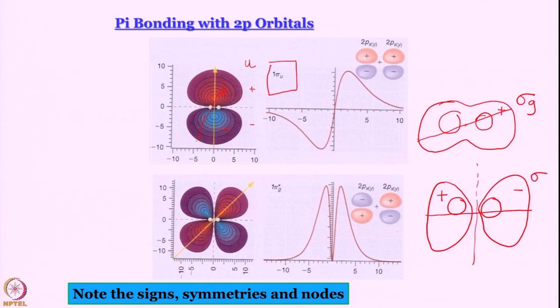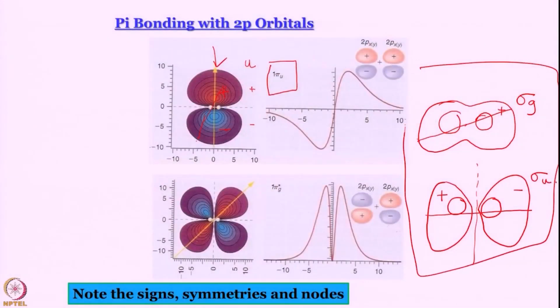So, this is called sigma u. For now, let us say that this is sigma because it is a sigma interaction, and this one here is pi because you have a pi interaction. There is more to it, it comes from the symmetry notations, but we will not get into that in this course. This is what we get for sigma interaction involving s orbitals, and this is what we get for pi interaction involving p orbitals.